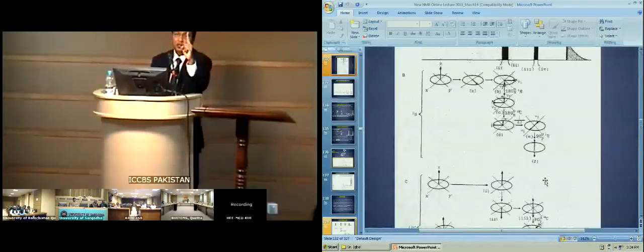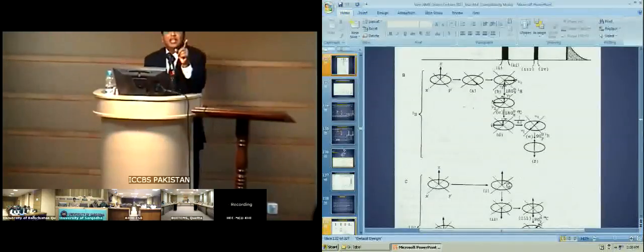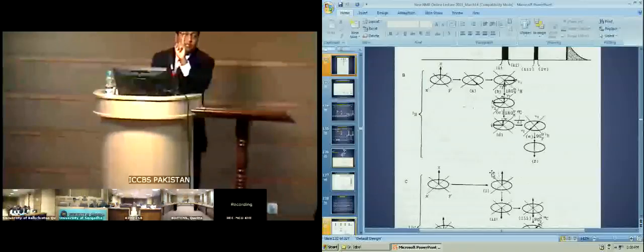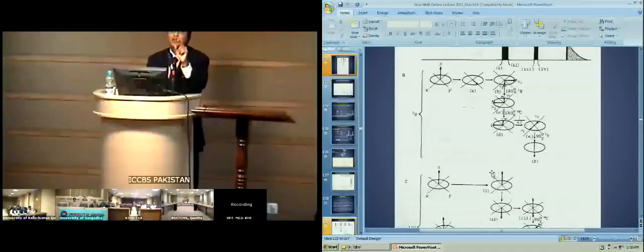Only that proton which you are tuning up, and you transfer the population of that selected proton to the carbon, and you see the intensity enhancement of only that carbon. Only that carbon. It's called selective insensitive nuclei enhancement by polarization transfer, or SINEPT.